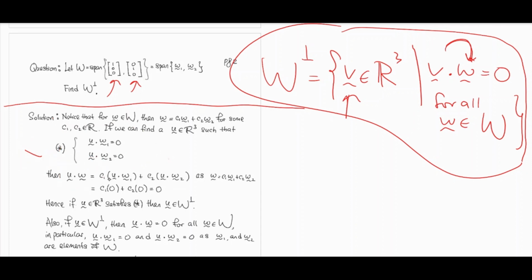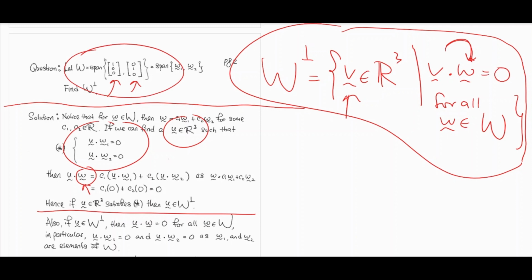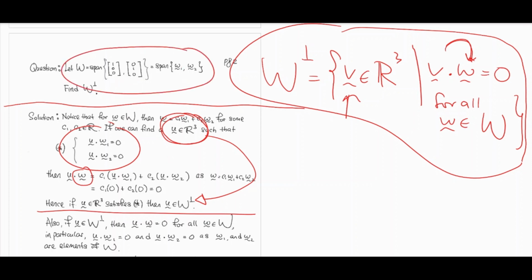So if you have a u that satisfies these conditions, then u will be orthogonal to this w. This, by the way, is any w from this set. That means what we have shown is that if you have a vector u in R3 with this property, then this vector u is going to be in W perp because it is going to be orthogonal with every single vector w from that vector space W, which is the span of w1 and w2.